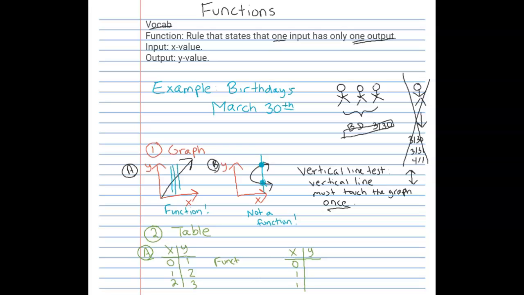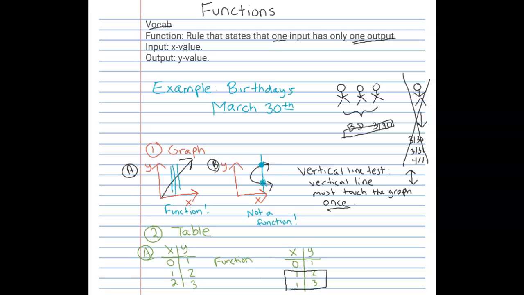Now let's say I do the same thing here. So under y, I go 1, 2, 3. We have a problem here. When x is 1, y is exactly 2 points. So I'm going to box this, that way you guys can have a better look at where we're looking.